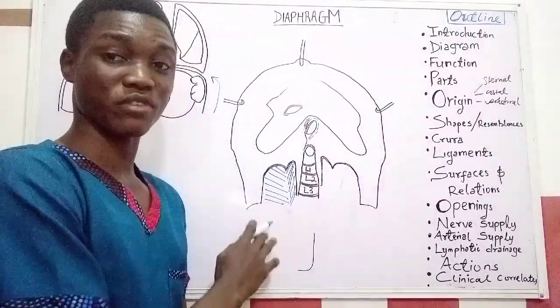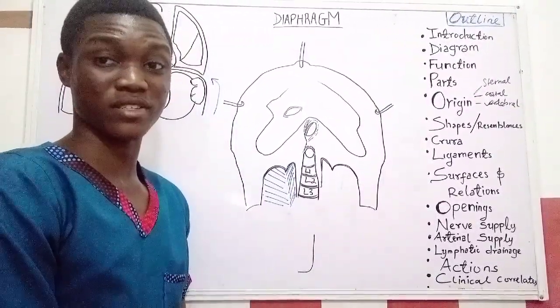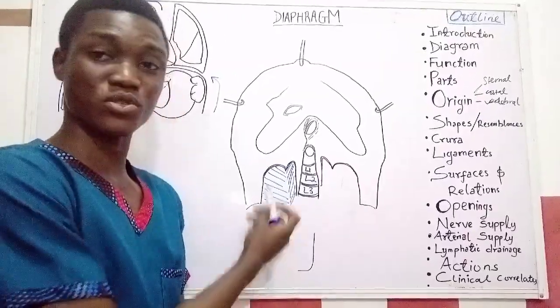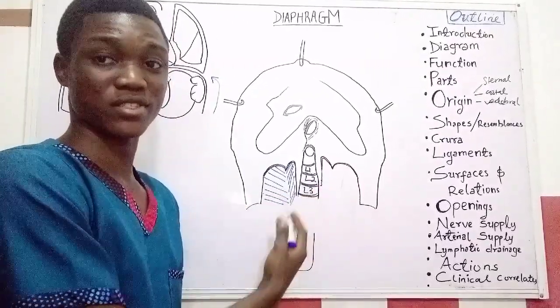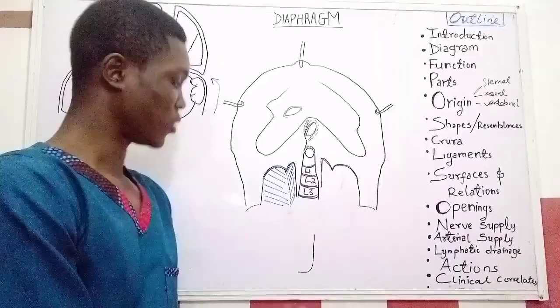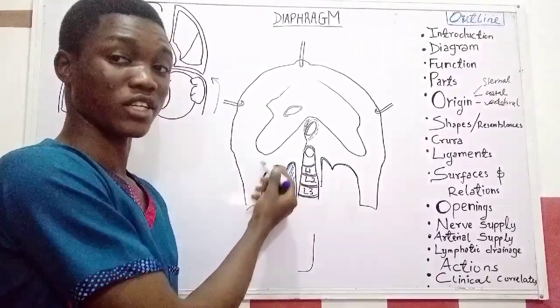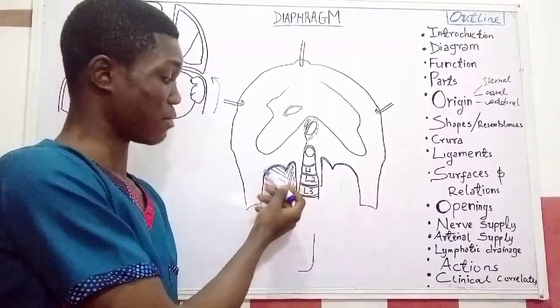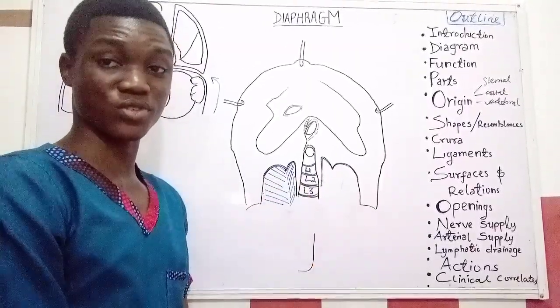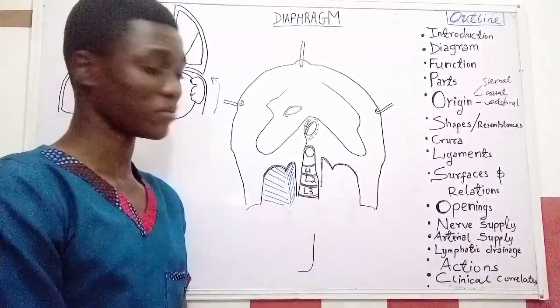The arrangement of these fibers must not necessarily be as it is. So I'm just using this to show the different muscles. Alright, so this is the thickening of the upper margin of the quadratus lumborum fascia.